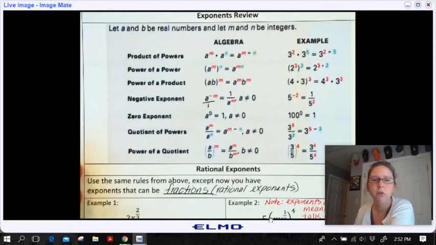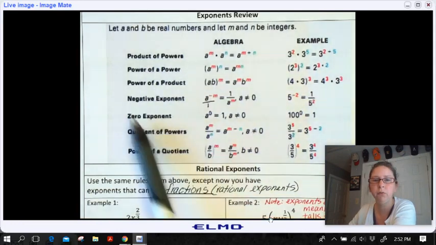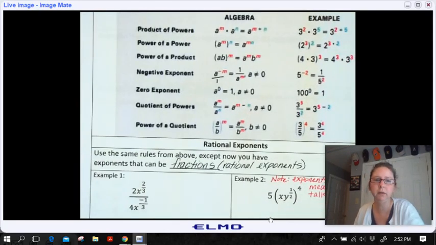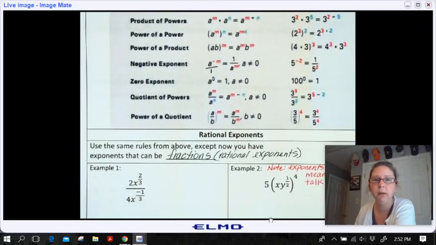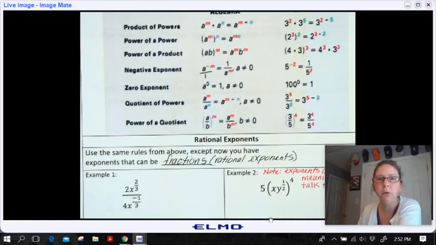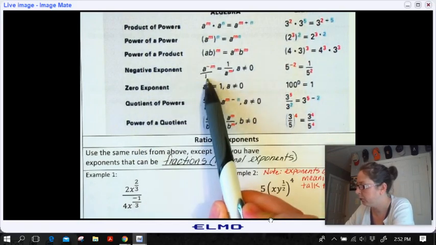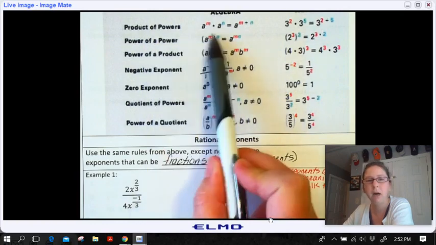So, rational exponents, we're going to use these same rules that you should have learned last year, but we're going to apply them when our exponents are fractions. Okay? So let us take a look at number 1. Number 1 is going to utilize the negative exponent rule as well as the product of powers rule.